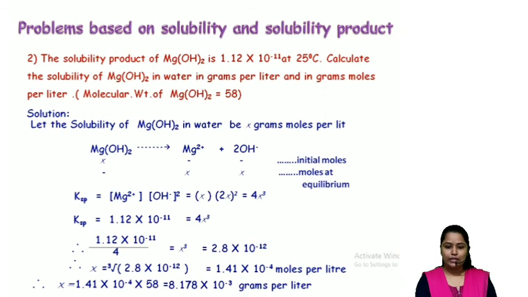Therefore 1.41 into 10 raised to minus 4 is the solubility of magnesium hydroxide in moles per liter, and 8.178 into 10 raised to minus 3 grams per liter is the solubility of magnesium hydroxide in grams per liter. These are the two problems based on solubility product. So here we stop. Thank you.